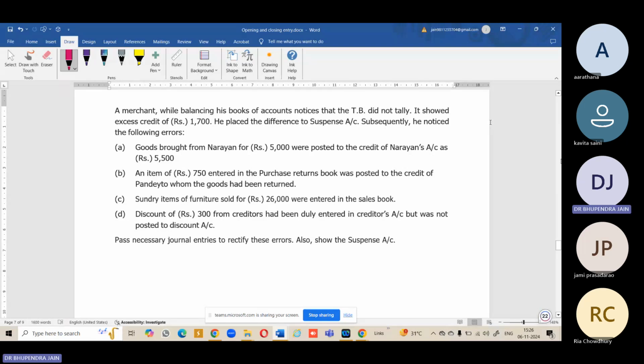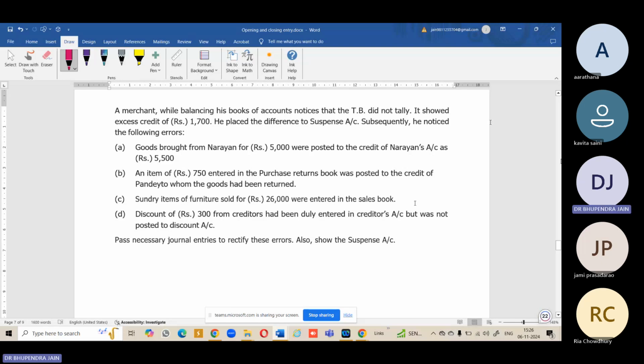But we have to rectify the mistake in the system. We cannot leave the mistake in the system. Hopefully, this is clear for all. So temporarily, he rectified the mistake using the suspense account, but subsequently, definitely we have to rectify the mistake and we have to cancel the suspense account.